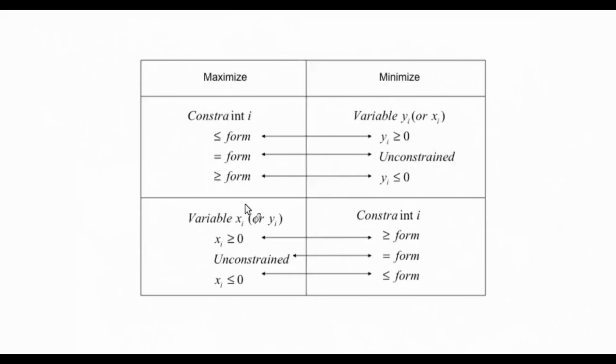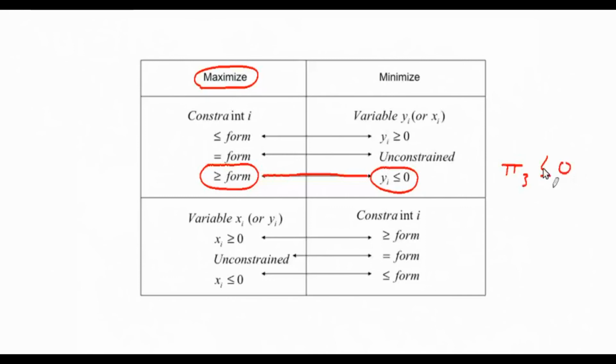So the sign restriction for pi sub 3 is driven again by the fact that the primal is a maximization problem. And we go down and we'll look at the constraint. So we see it's a greater than or equal to form. Go over to the right, and you get less than or equal to 0. So this means that pi sub 3 is less than or equal to 0.